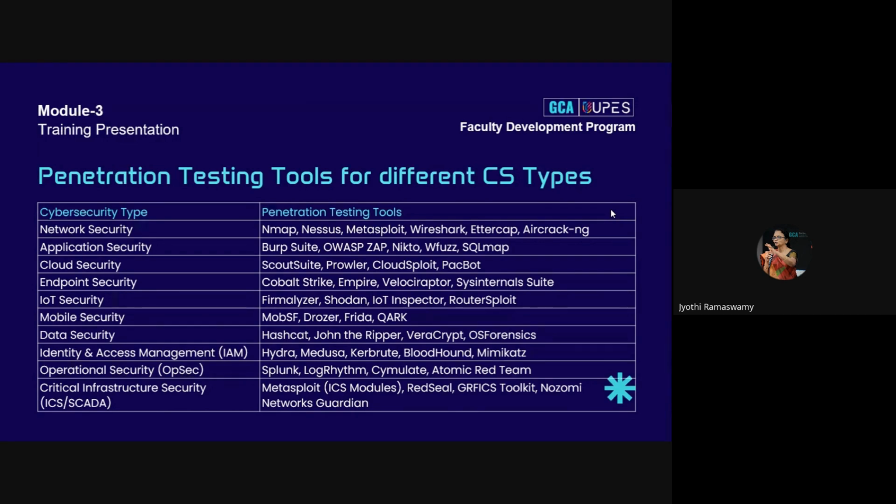Then comes the critical infrastructure security for ICS and SCADA and all. So there are tools which are used in the normal IT, which can be expanded to be used in critical infrastructure security, like Metasploit, RedSeal, GRFICS toolkit, Nozomi, Network Guardian, etc. So these tools can monitor multiple operating systems and multiple types of devices, right?